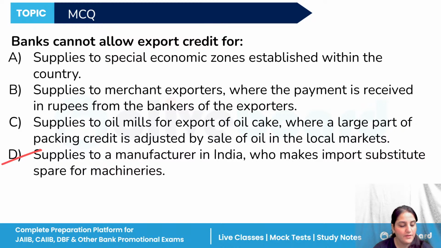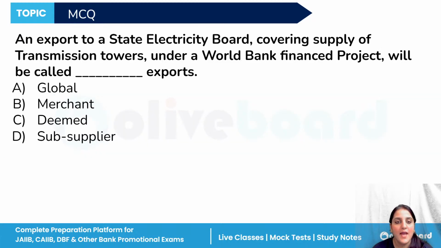Why is everyone giving the wrong answers? D answer is correct here. Next, move to the next.